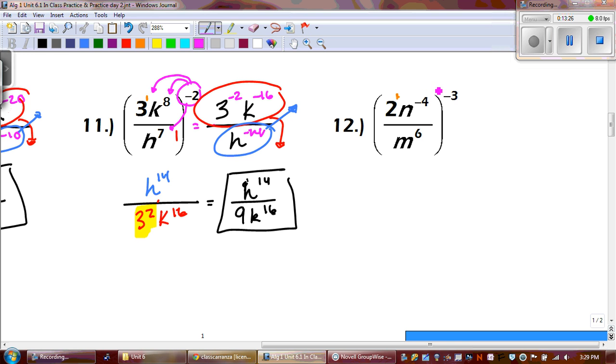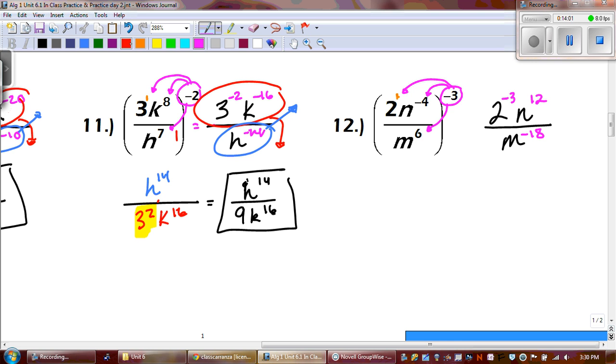And now we need to distribute this negative 3, and remember, we distribute it to everything. So the first thing we have to do is give everything a new exponent. Our bases stay the same. 1 times negative 3 is negative 3. Negative 4 times negative 3 is positive 12. And then negative 3 times 6 is negative 18.